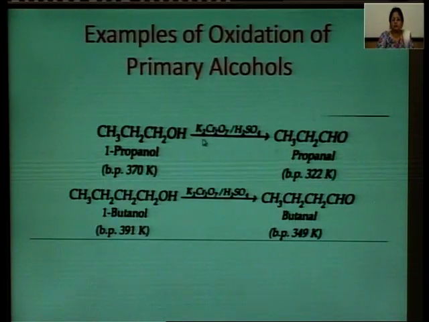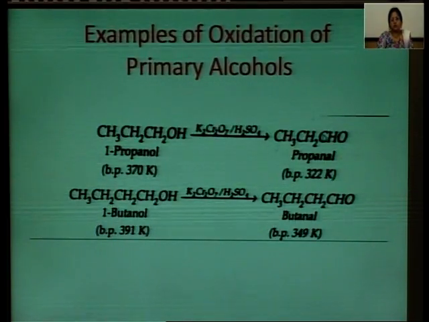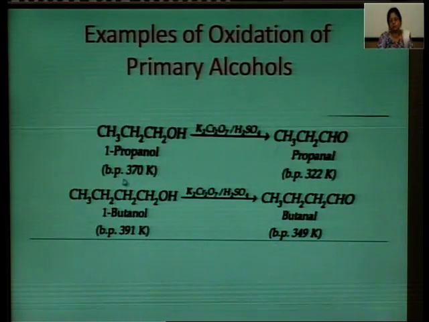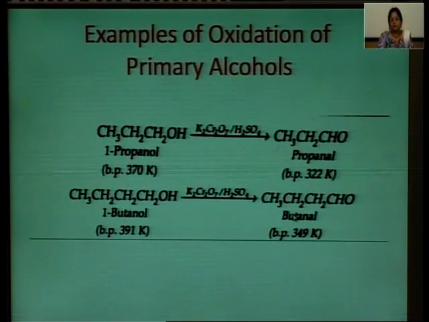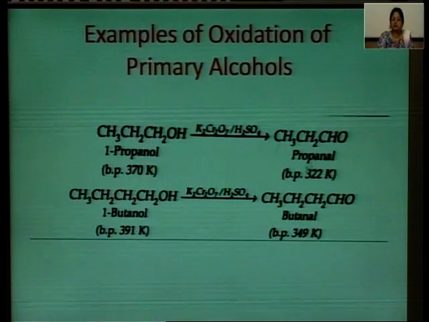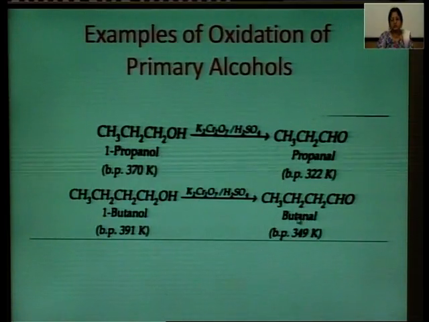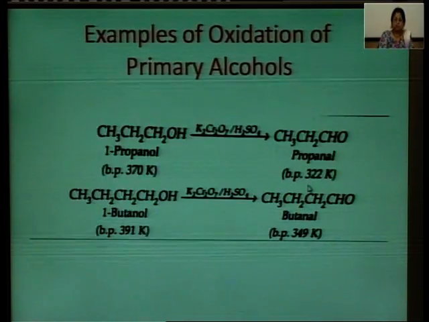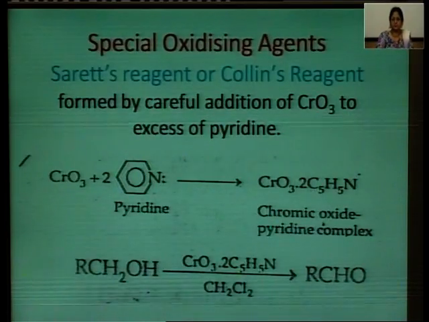Here we can also see that propanal, that is the aldehyde, has a lower boiling point as compared to the corresponding alcohol. Similarly, butanal has a lower boiling point as compared to the corresponding alcohol. So, the aldehydes can be easily distilled off from the reaction mixture as soon as they are formed to avoid their further oxidation to carboxylic acids.